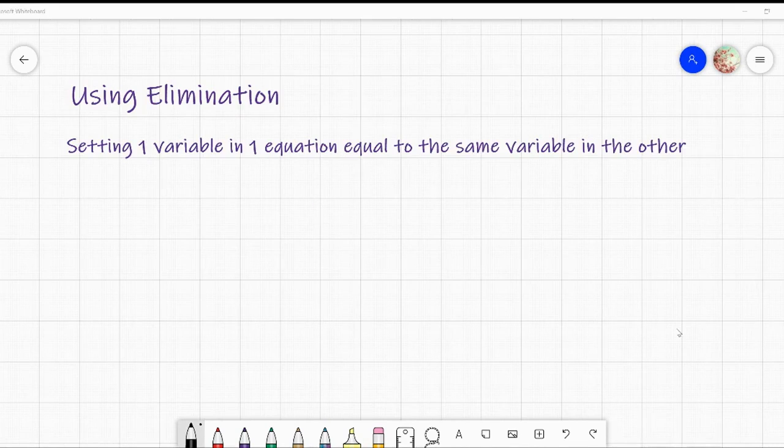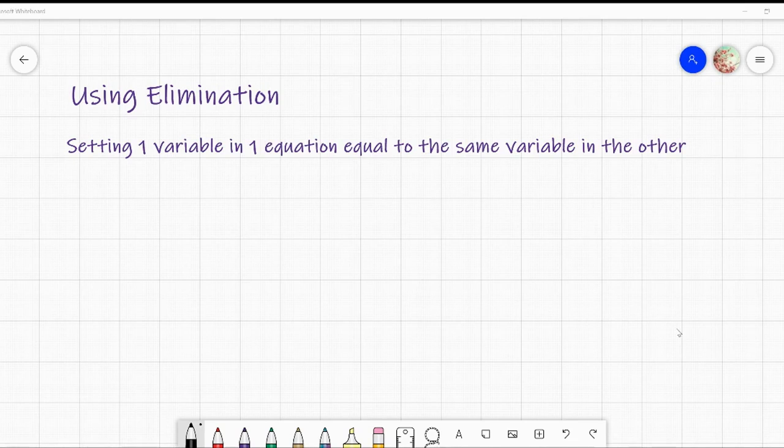So now we're going to learn elimination. This starts by setting up one variable in one equation equal to the same variable in the other. So this may involve multiplying one or both equations by a number to result in two equations that contain opposite terms or identical terms.